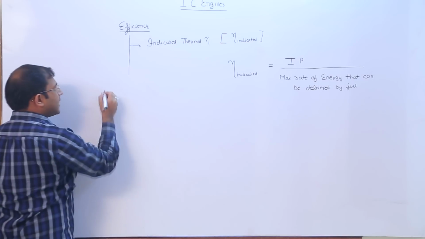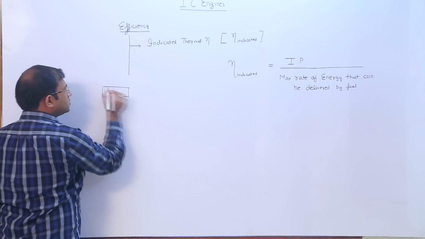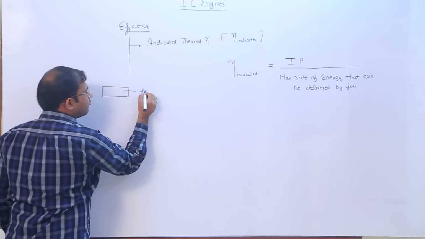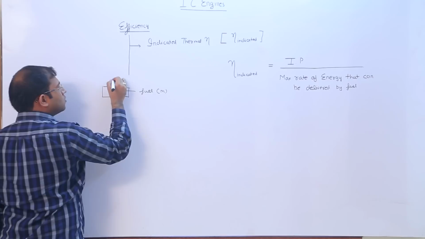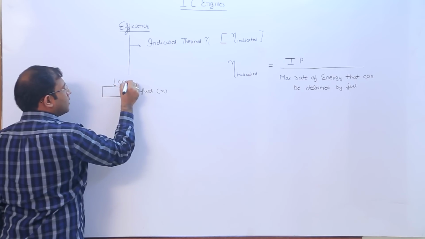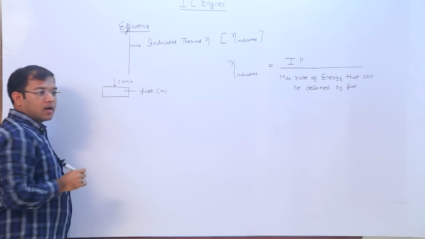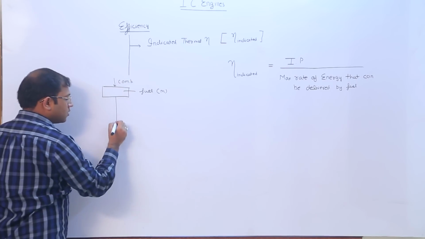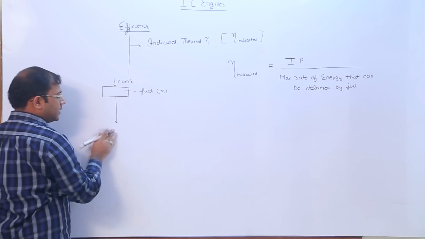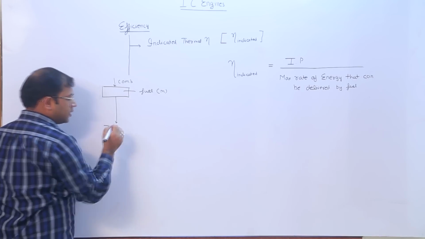See students, what is happening? Suppose it is some fuel of mass m, and what I do is undergo a combustion process of this fuel m, due to which what I am obtaining is your indicated power.